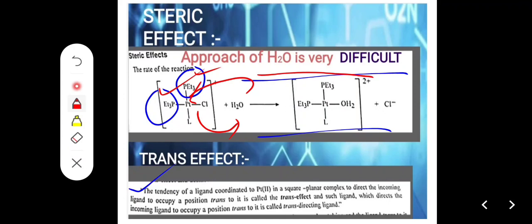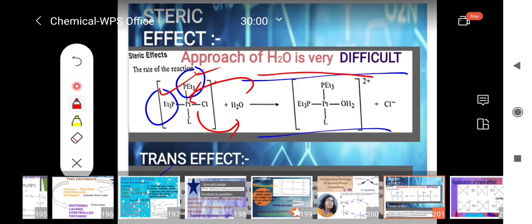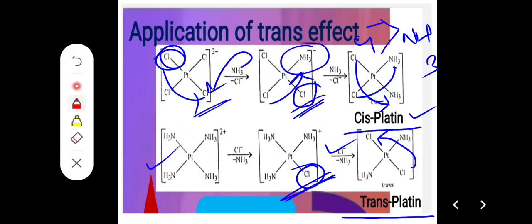And there are some applications of the trans effect. As we know, the trans effect of Cl is more than ammonia, so Cl always directs the incoming nucleophile trans to it. By this analogy we get cisplatin and transplatin also.